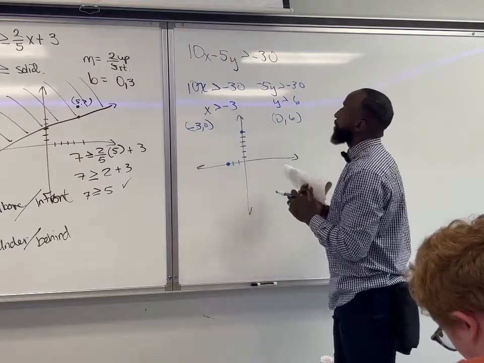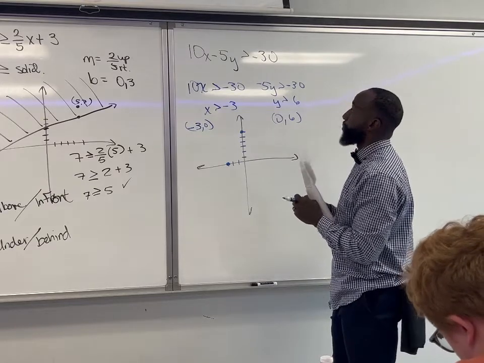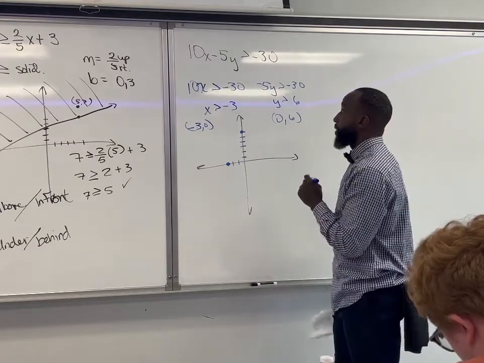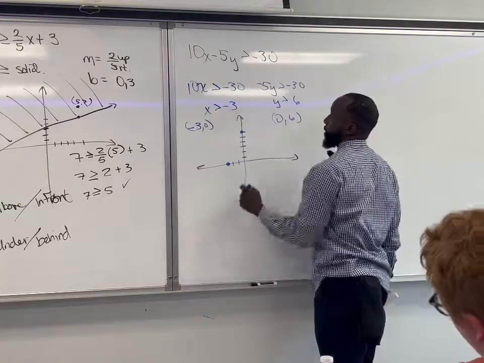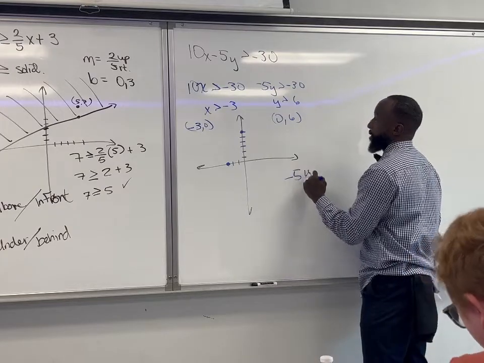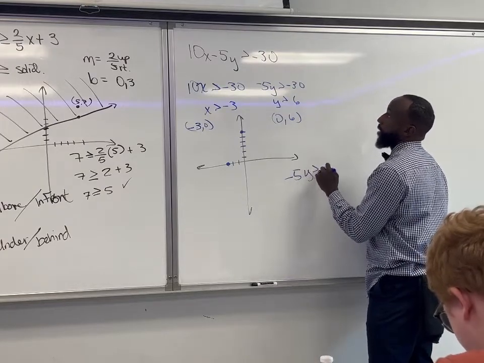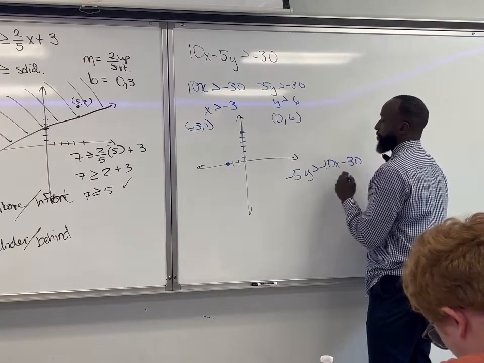All right, let's see. For safety purposes, let's write this in slope intercept form. So we're going to subtract the 10x over. So we'll have negative 5y is greater than negative 10x minus 30. And then divide by negative 5.